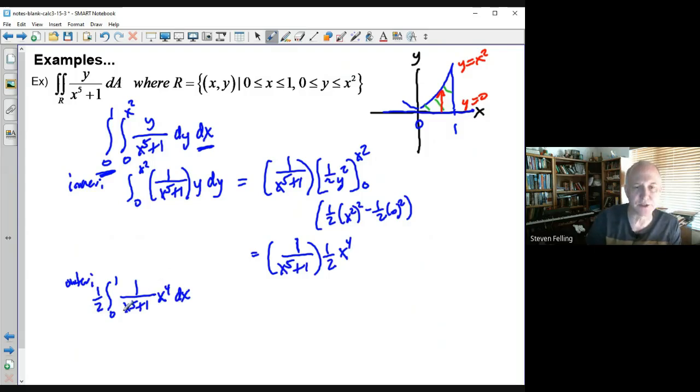Now that actually looks to me like something we can use u substitution for, because if I take this whole denominator and make that u, then du/dx is going to be 5x to the 4th, and so du is 5x to the 4th dx. That means that x to the 4th dx is 1/5 du.